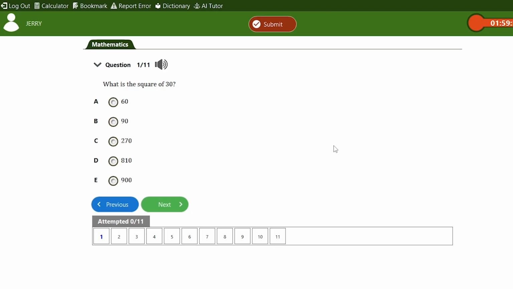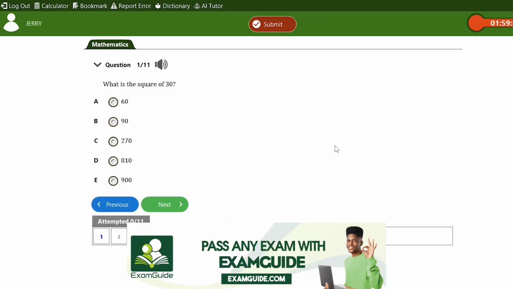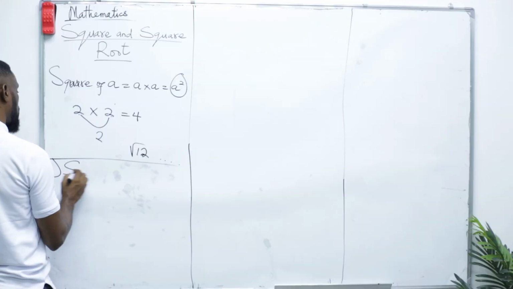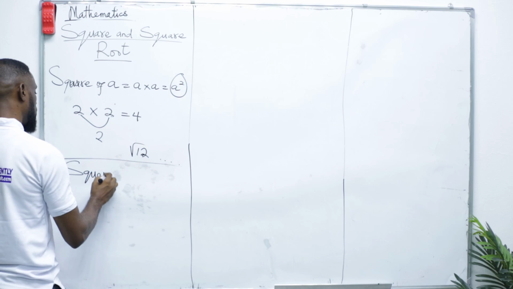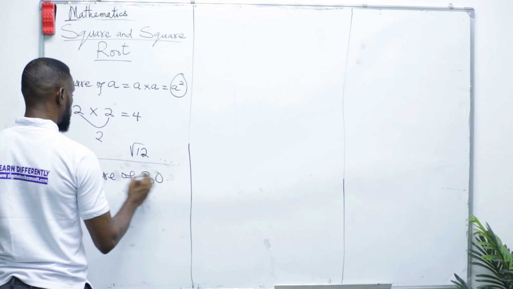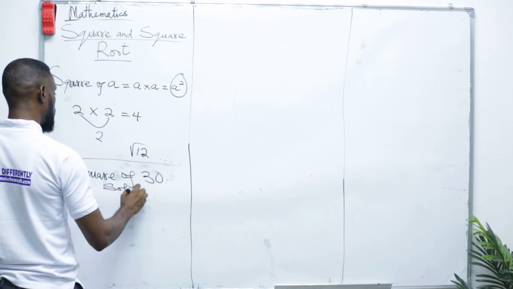Let's look at the first question that we have here. The first question says, what is the square of 30? The solution is simple.